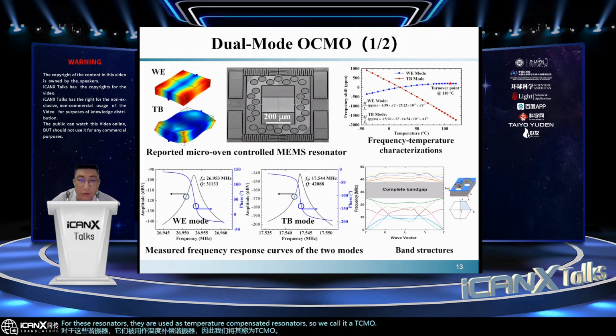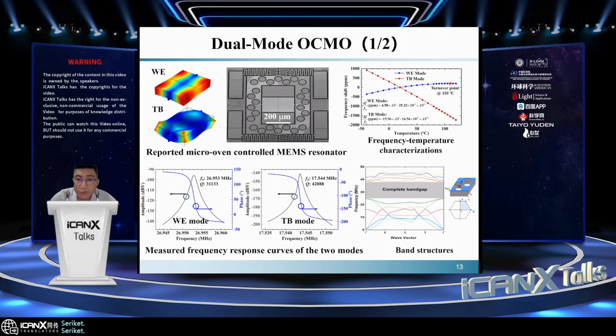But for high performance applications, we have to heat the resonator to a predefined temperature. We usually maintain the resonator at its turnover point, so it will be less affected by environmental temperature changes. So in this design, we use two modes. One mode is for frequency output, and the other mode is for temperature monitoring.